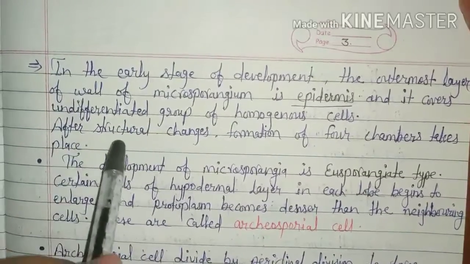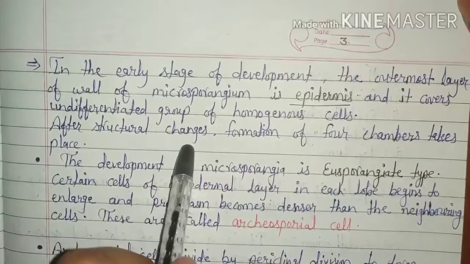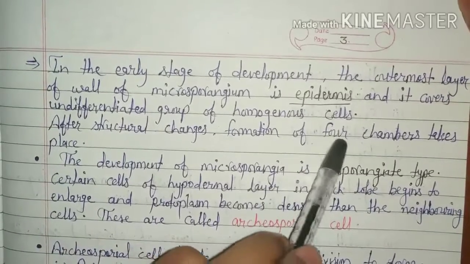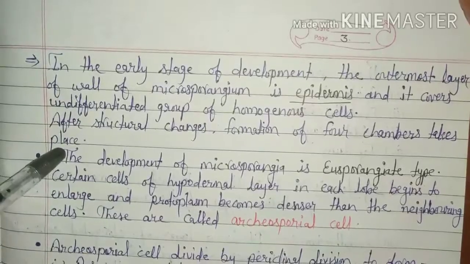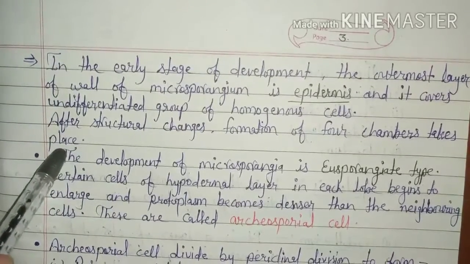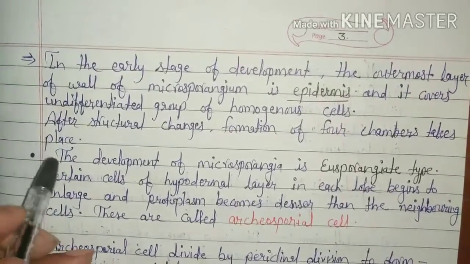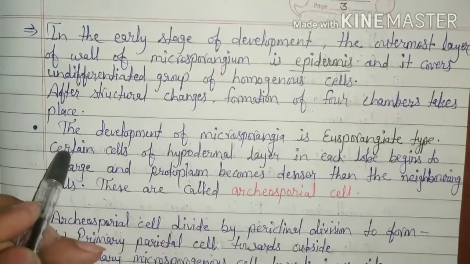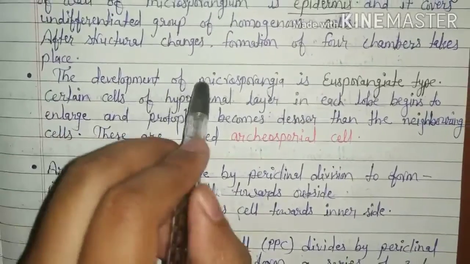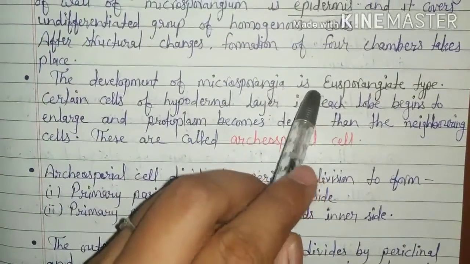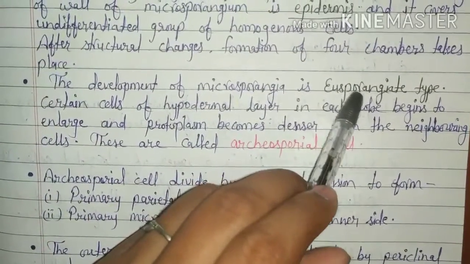After structural changes, formation of 4 chambers takes place in the anther, which form the microsporangium. The development of microsporangia is of the eusporangiate type.